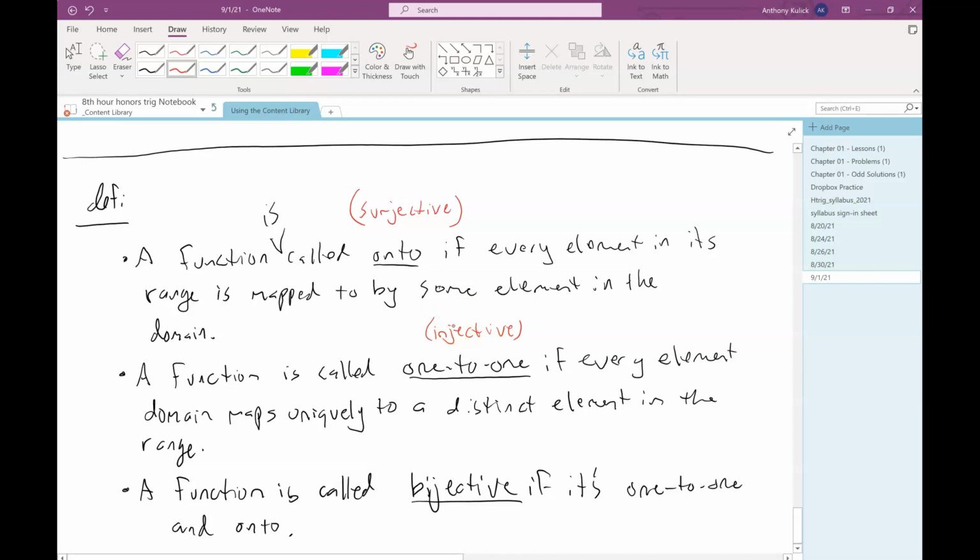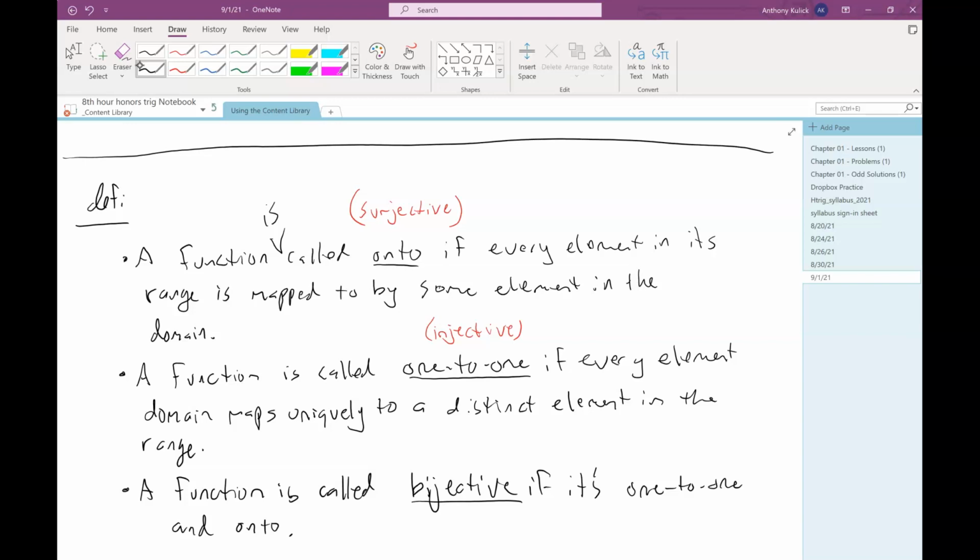I only mention that because now it makes sense why we call the thing bijective if it's one-to-one and onto: it's injective and surjective. It has two of these jectives. It makes a little bit more sense if we use those two names to see why we got bijective from that.